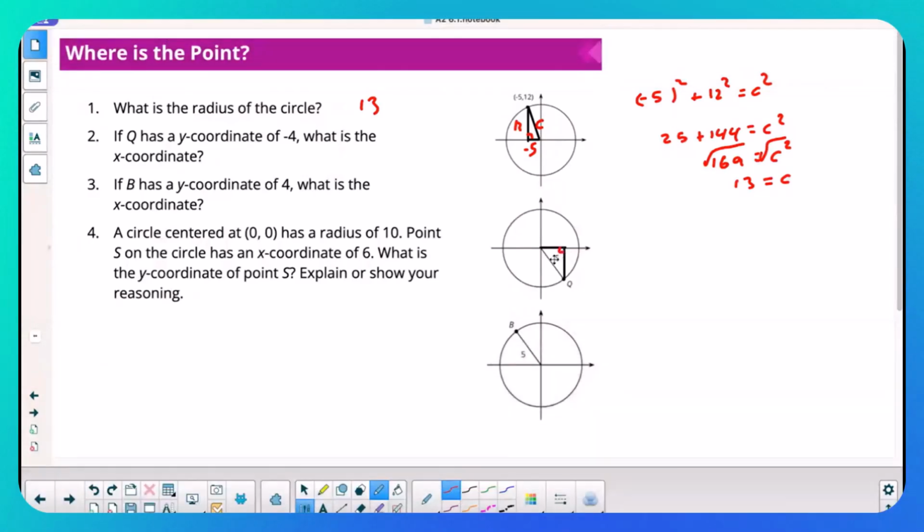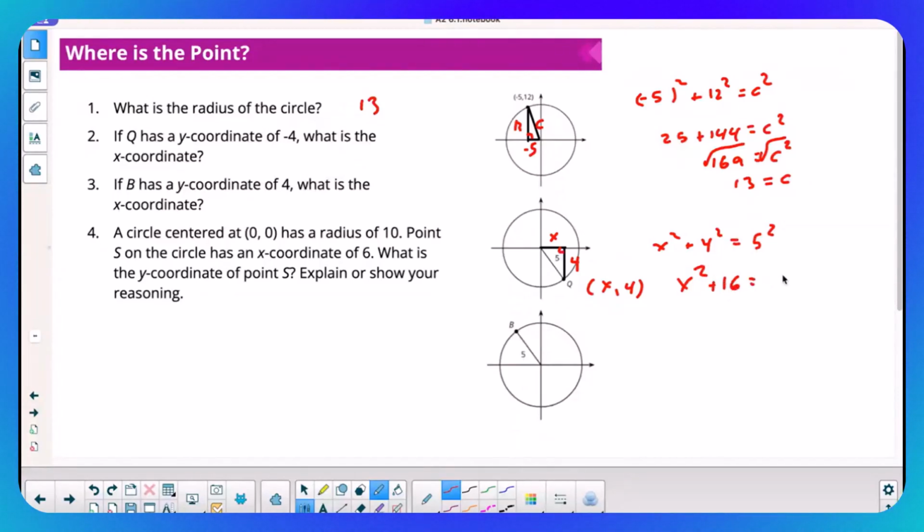So if this is 5, with a y-coordinate of 4, we want to know the x-coordinate. This side of the triangle is 4. The x would be horizontal. So it's going to be x squared plus 4 squared equals 5 squared. x squared plus 16 equals 25. x squared equals 9. When I square root both sides, I get x equals 3.